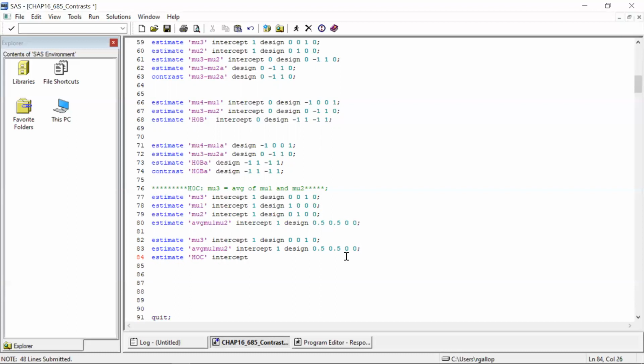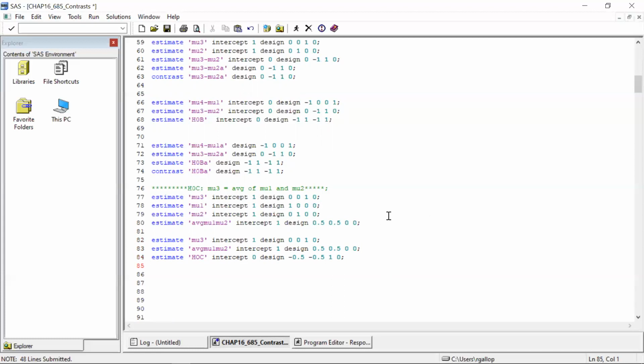So 1 minus 1 is 0. Design, 0 minus 0.5, negative 0.5. 0 minus 0.5, negative 0.5. 1 minus 0, that's coordinate-wise, 1. 0 minus 0, coordinate-wise, that is 0.